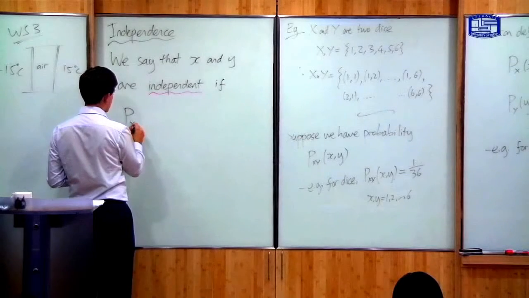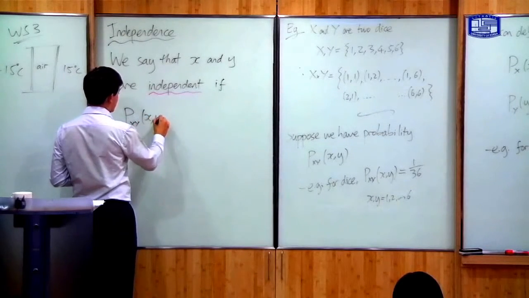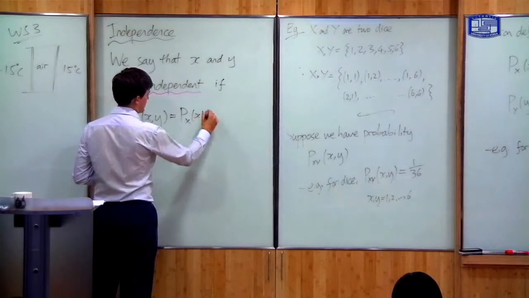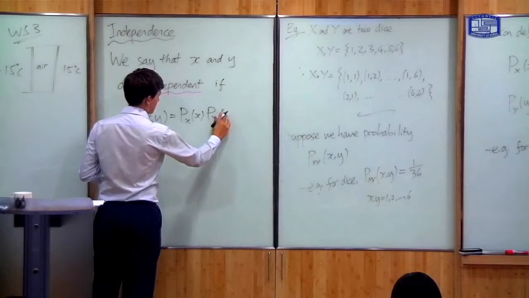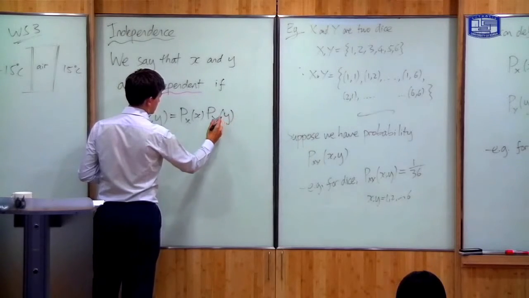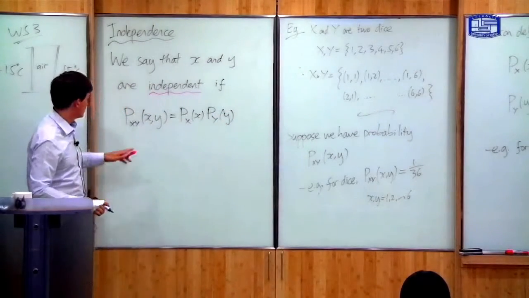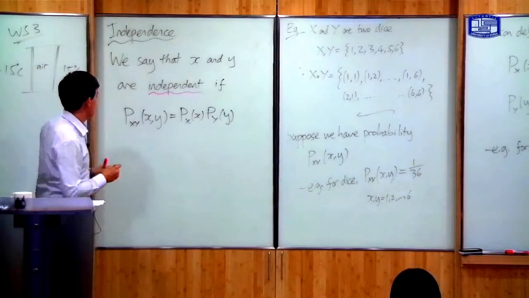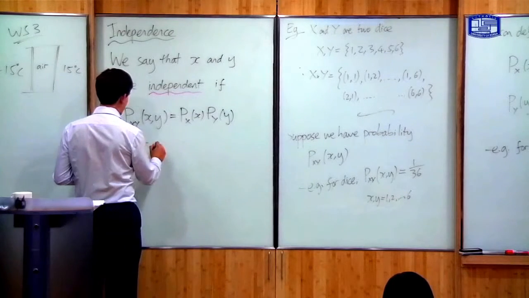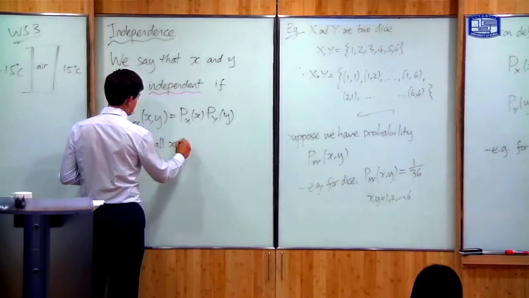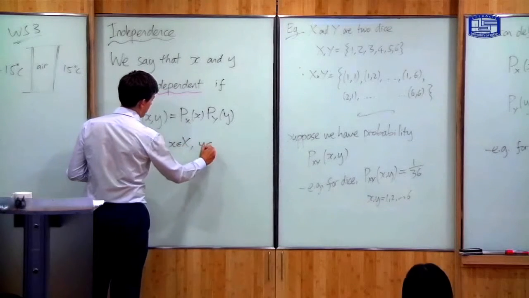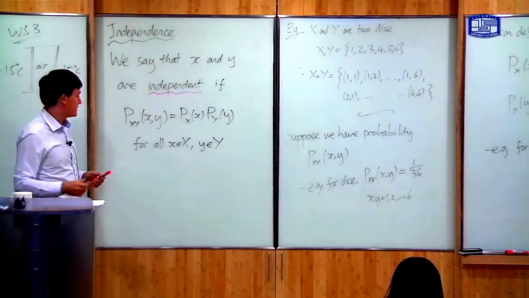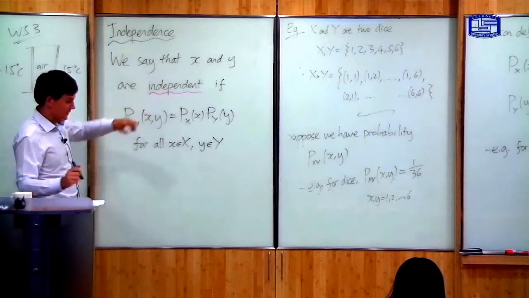The probability Pxy of getting x and y is equal to the probability Px of getting x times the probability Py of getting y. In other words, the joint probability is just the product of the individual probabilities, and this must be true for all possible results. So for all x in the space big X and for all y in the space big Y. So if this is true, then they are called independent.